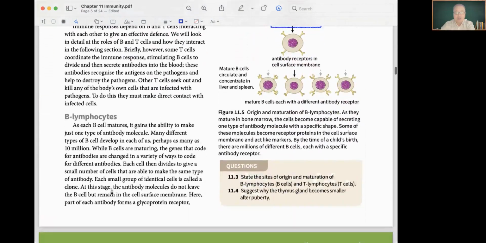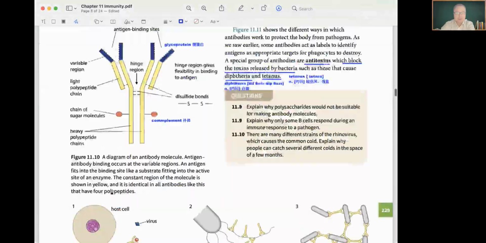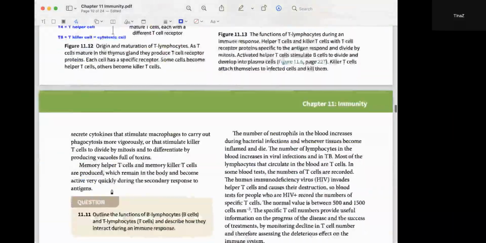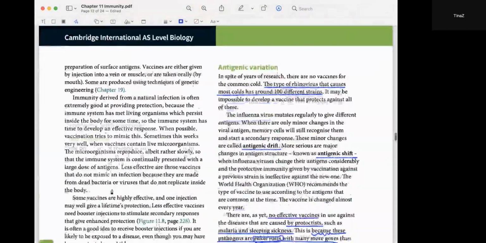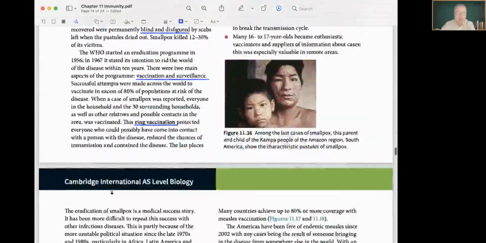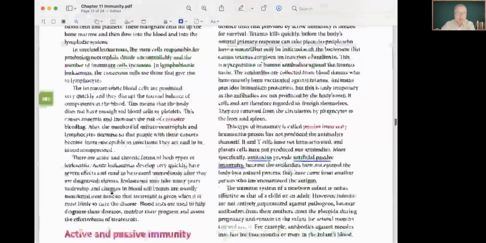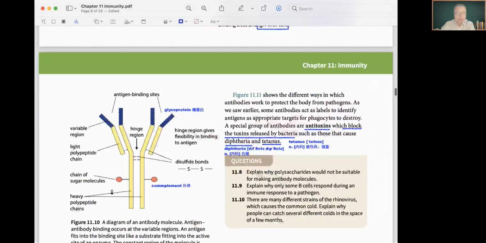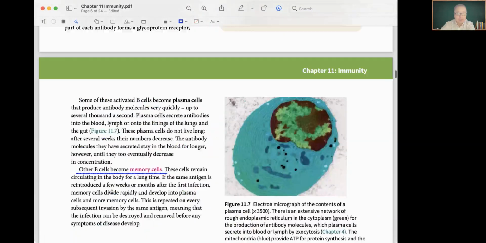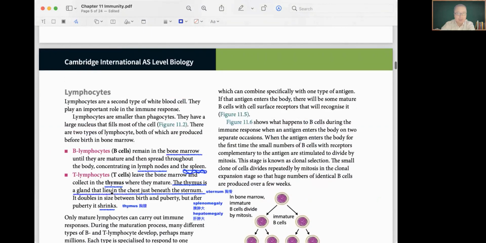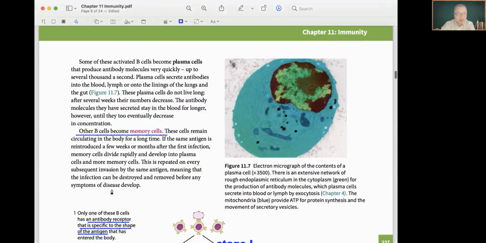Now I would like to mention the two kinds of T lymphocytes. I remember when I prepared the class, there are two kinds. B cell and T cell.